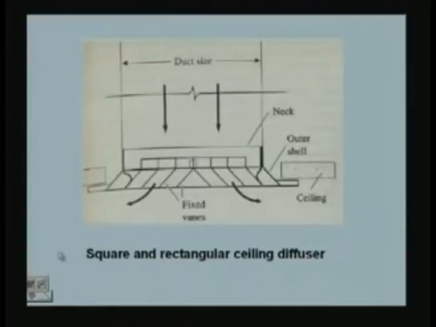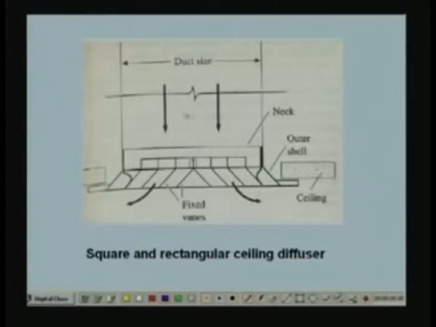This picture shows a schematic of a ceiling diffuser. Cold air comes from the, as you can see, this is your cold supply air. It comes like this, and you have the concentric flow areas through which flow takes place. This is two dimensional, that means it can be either square or rectangular.